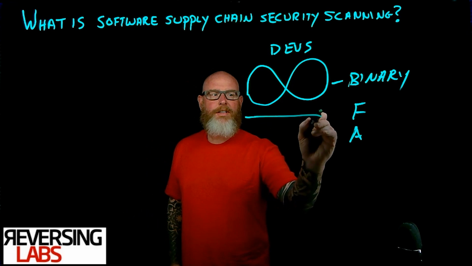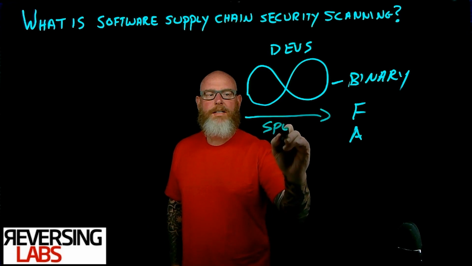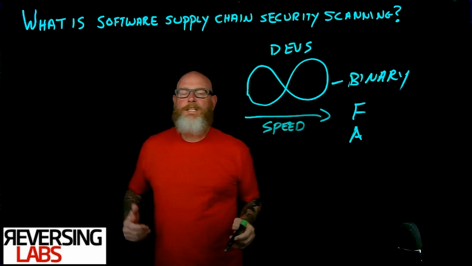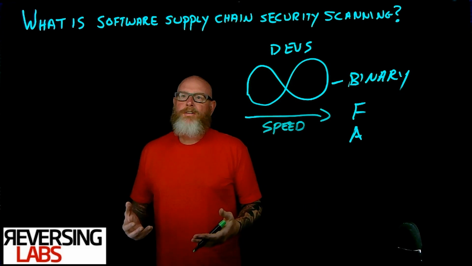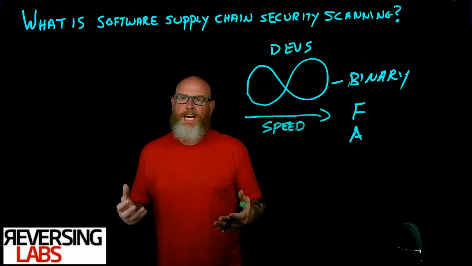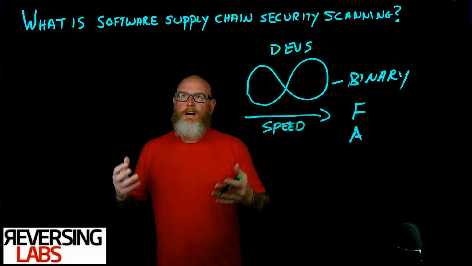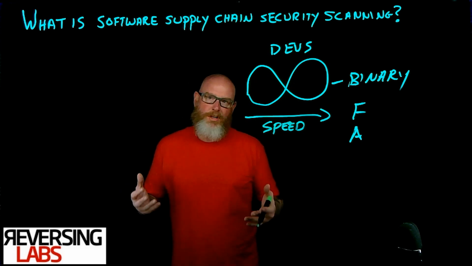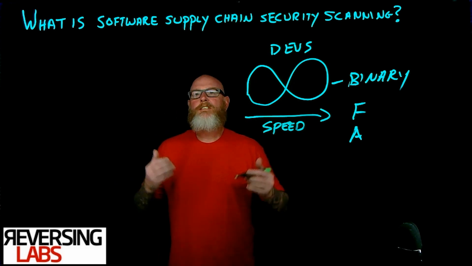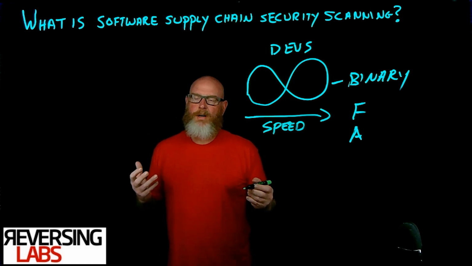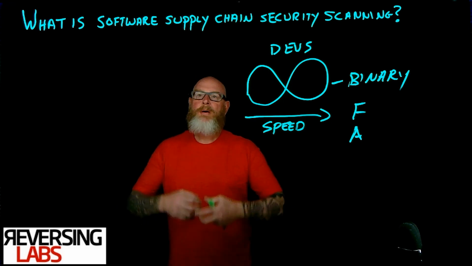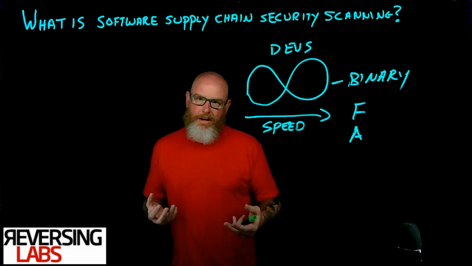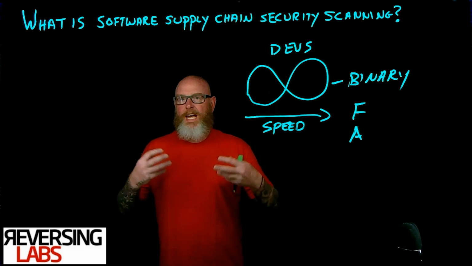And the second piece you really have to think about is speed. The speed of DevOps programs doesn't allow for constant checks and manual efforts. You need to automate the process of scanning these packages as part of this software supply chain risk profile. So integrate software supply chain scanning into your DevOps process to pick up that binary file, whatever language you're coding in, and analyze it.